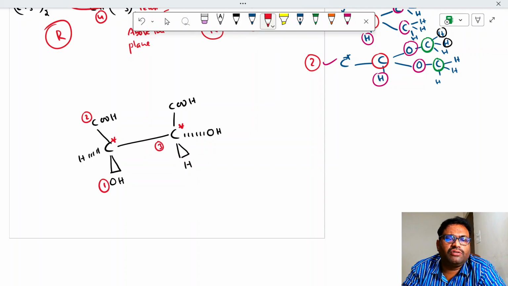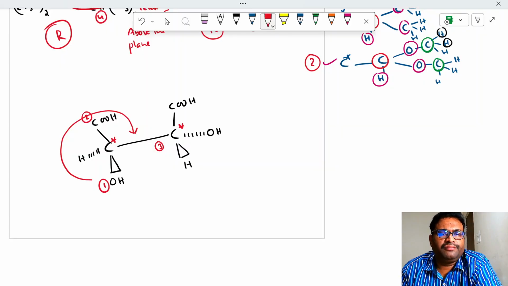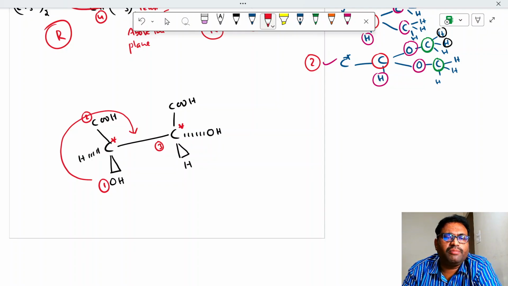So let me rotate. If you draw an arrow, what do you find? You find R. And H is away from the observer, that is below the plane. So what will this be? R at this carbon atom.